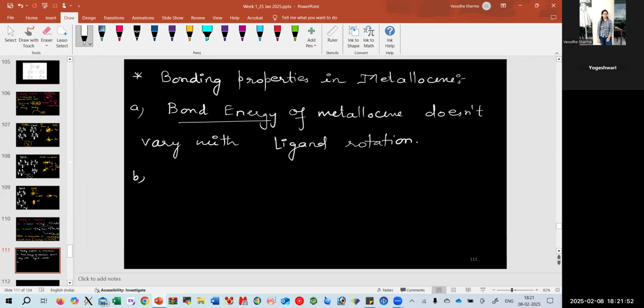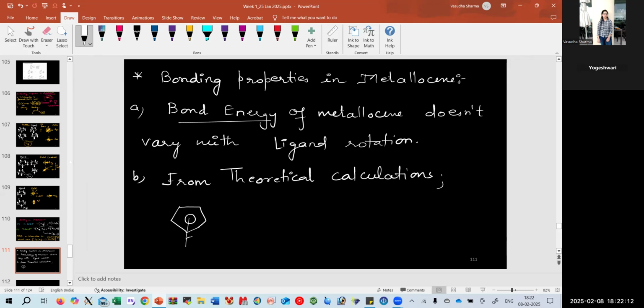And another important point is that from theoretical calculations, where we have calculated the bond energy in both the forms. So generally we have two forms of metallocenes. If it is in the same direction and the theta angle is 0 degree, that means the phase between two systems, they are in the same phase, that is eclipsed.